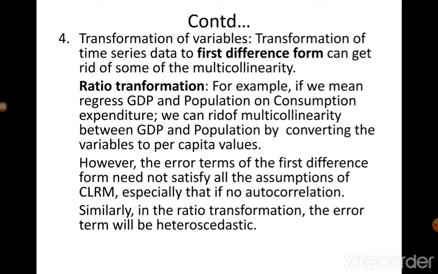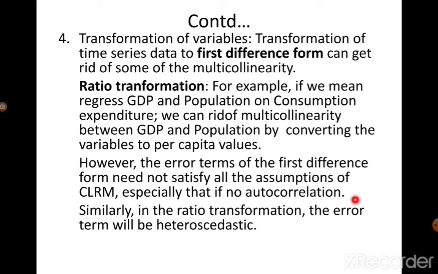But things to be kept in mind is that even these transformation of variables can lead to different problems. So you have gotten rid of multicollinearity, but you might have some other assumption which is not being satisfied. In particular, in the first difference form, you can show that the assumption of no autocorrelation, that is that your error terms are uncorrelated, need not be satisfied.